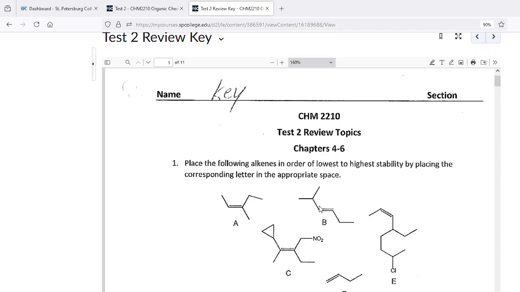Even though B is trans, it only has 2 substituents, which is less stable than A, which has 3 substituents. And of course, A is less stable than C, which has 4 substituents. So the most stable is C, the second is A, then B, then E, and D. Since the question asks for order from low to high, it's going to be D, E, B, A, C.